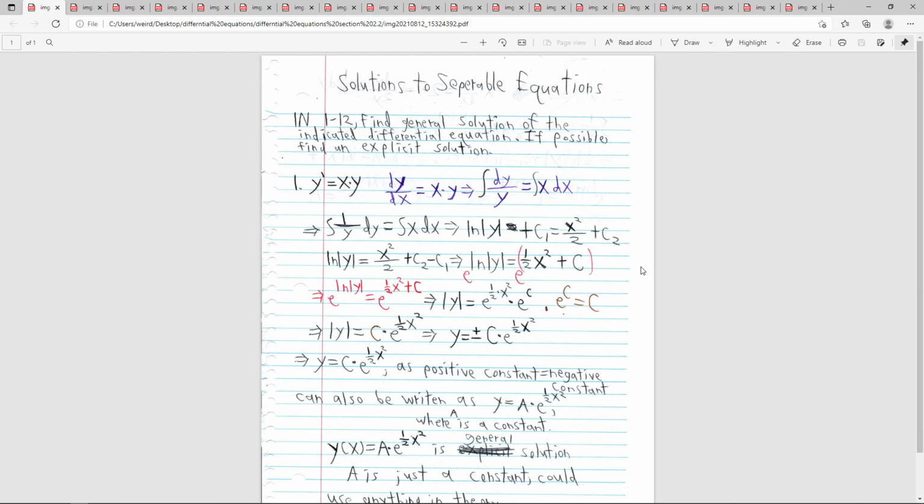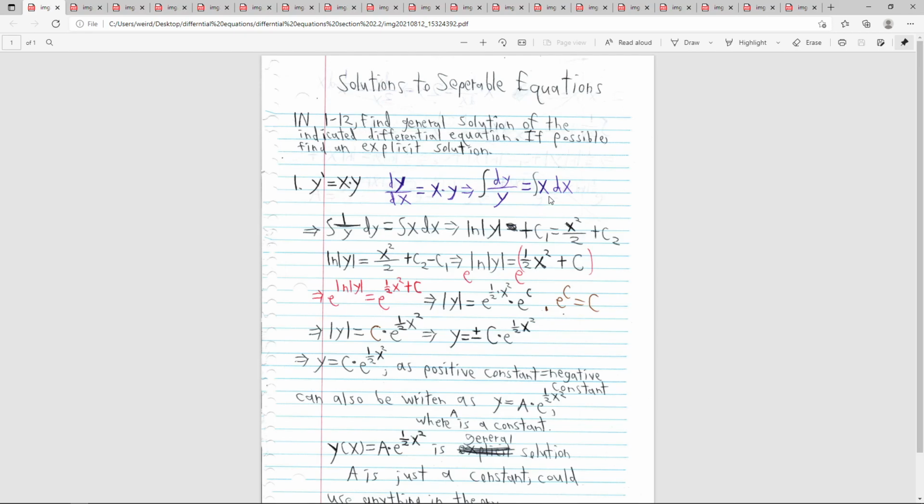So it doesn't matter, and that's a very useful property for simplification. So it becomes ln|y| equals 1/2 x squared plus c.